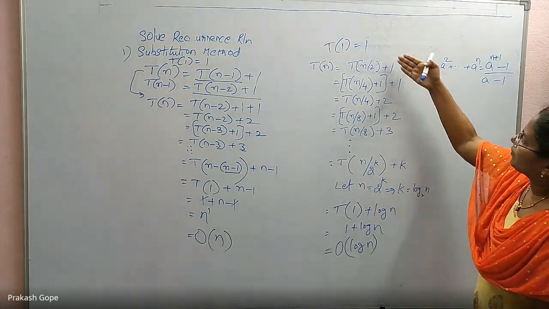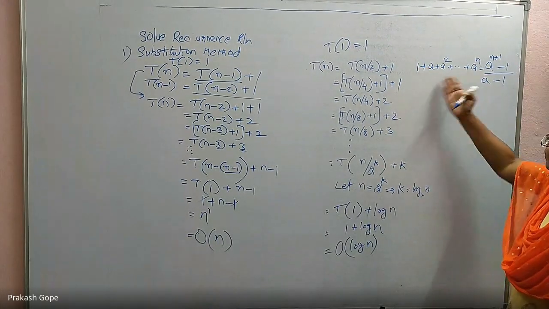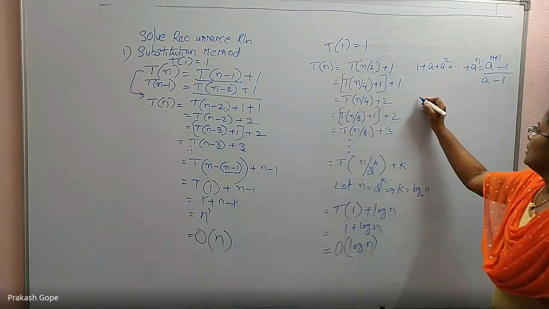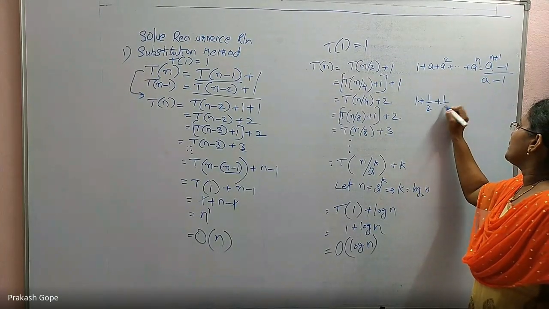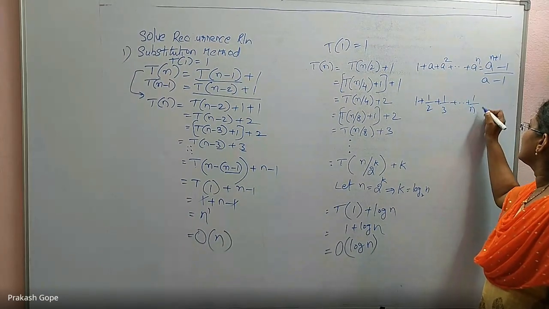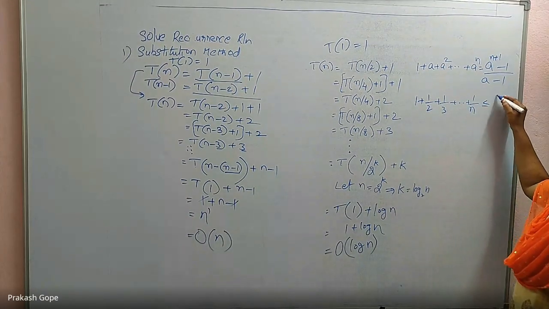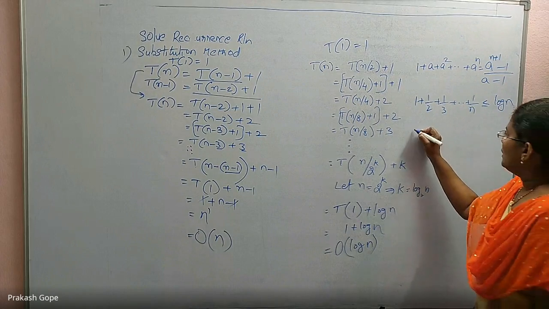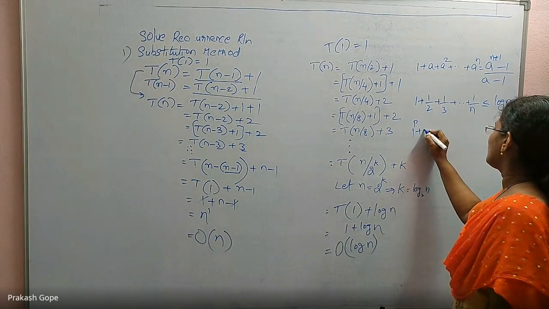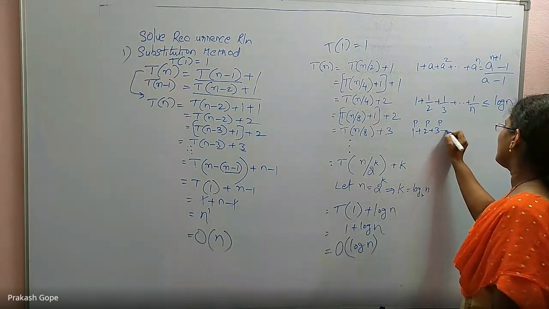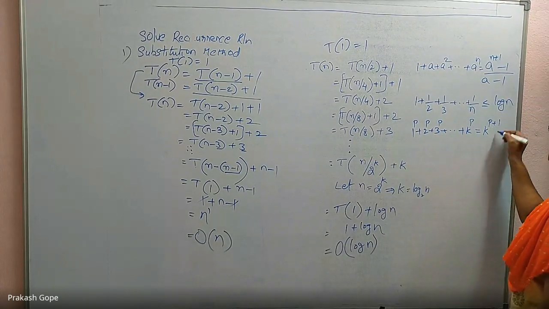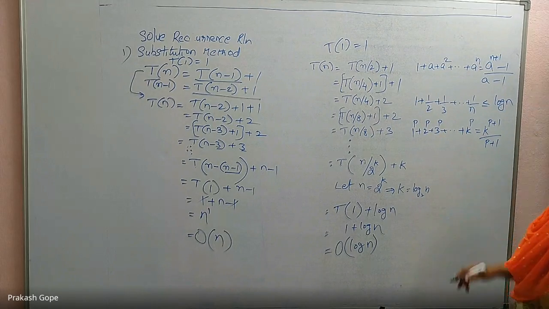Because if n square is given, obviously you will have to use this formula somewhere. 1 plus 1 by 2 plus 1 by 3 and so on up to 1 by n is approximately the same as log n, or less than or equal to log n. 1 power p plus 2 power p plus 3 power p and so on plus k power p is equal to k power p plus 1 by p plus 1.